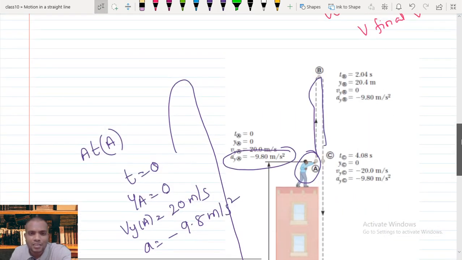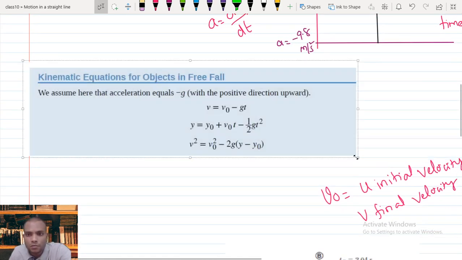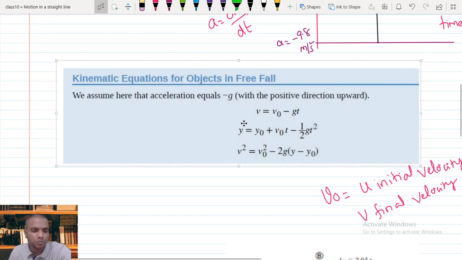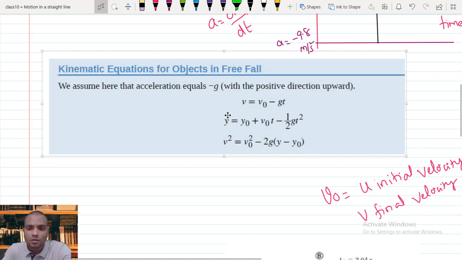But the rest of the values change, because position changes, velocity changes and time changes. But acceleration remains constant, negative 9.8. That is due to free fall. I hope I made things clear. So here we will replace a in the equations of motion with negative g.